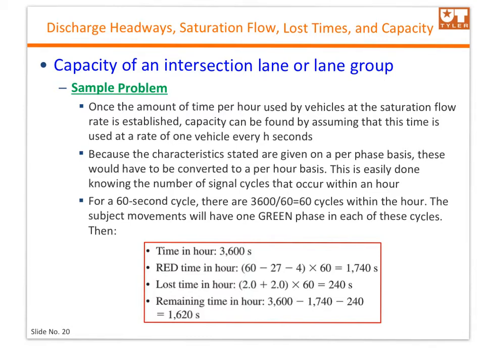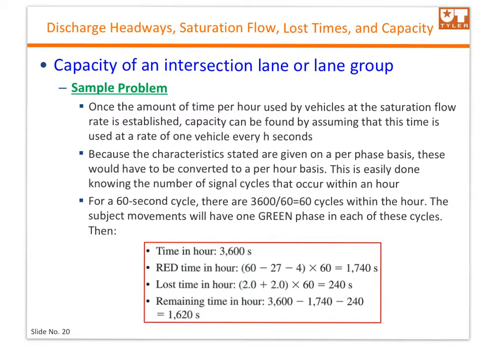This is easily done knowing the number of signal cycles that occur within an hour. In our problem we have 60 seconds per cycle. Therefore, there are 3600 over 60, which means there are 60 cycles within the hour. The subject movement will have one green phase in each of these cycles.